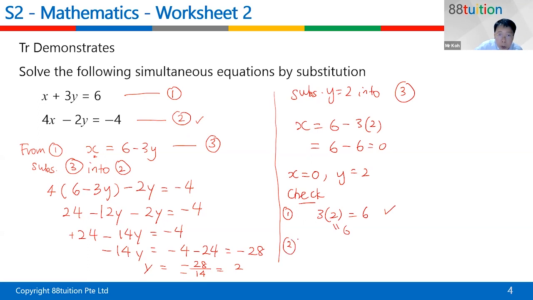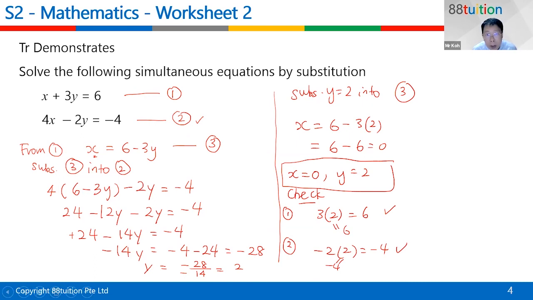So look at equation 2 also. 4x, which is 0, and then minus 2, put a 2 there, you get minus 4. And this is minus 4. So you are correct. So you know that your answer is correct. Okay, so one thing good about simultaneous equation is, at the end of solving the equation, you actually know that you got the right answer.